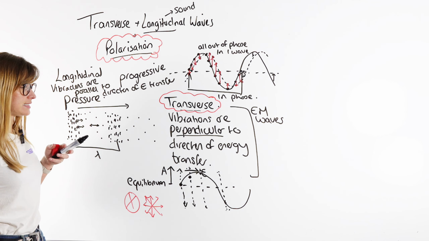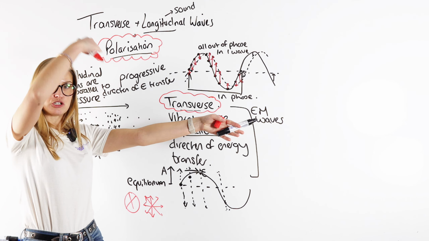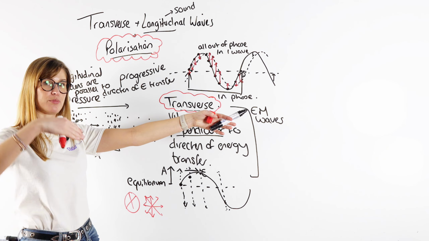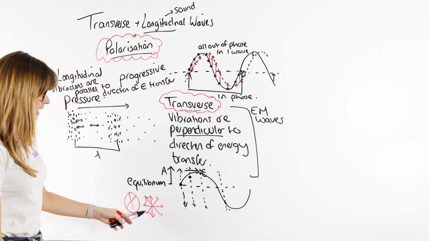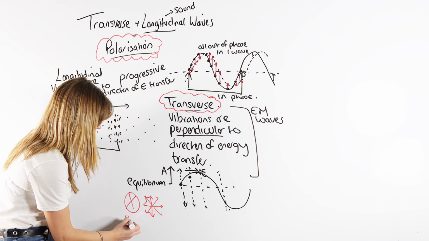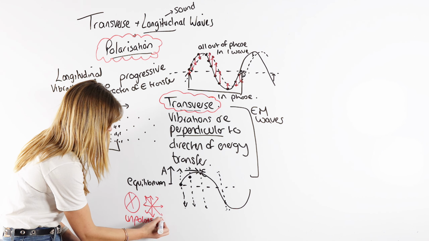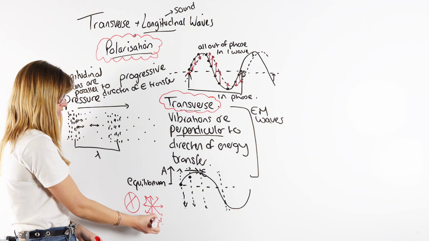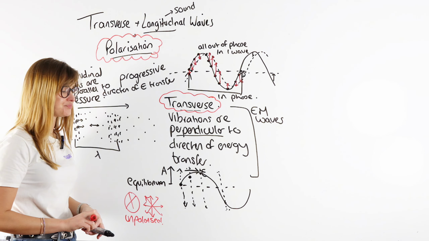So for example, let's say the light was going in this direction. I have particles that vibrate perpendicular to the energy transfer in this plane, or particles that vibrate perpendicular to the direction of energy transfer in this plane. Okay? So what again we're saying is unpolarized light is light that vibrates in all directions, all oscillations, all planes perpendicular to the direction of energy transfer.